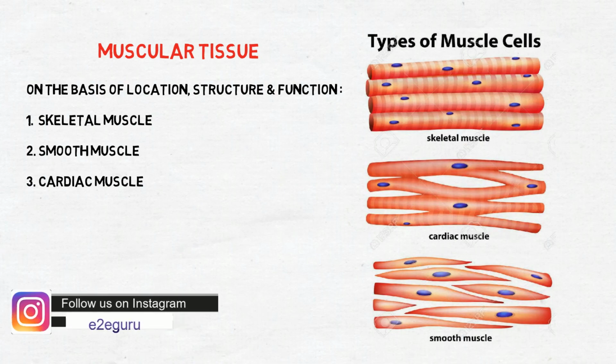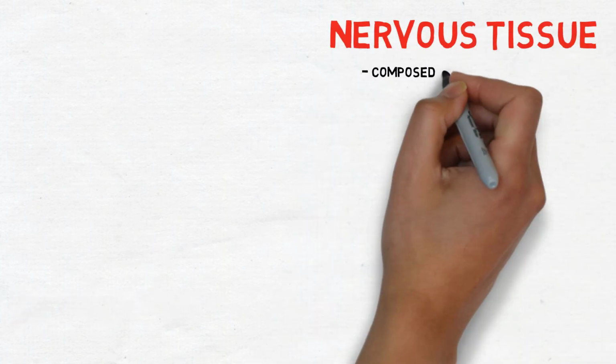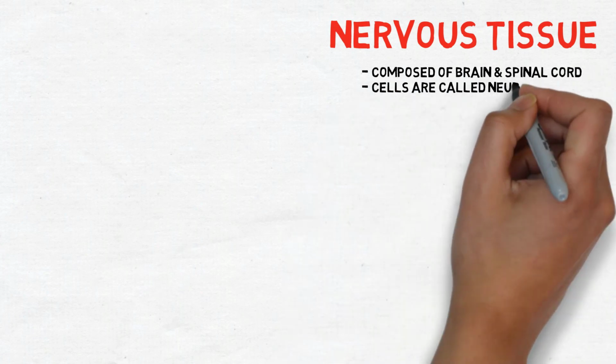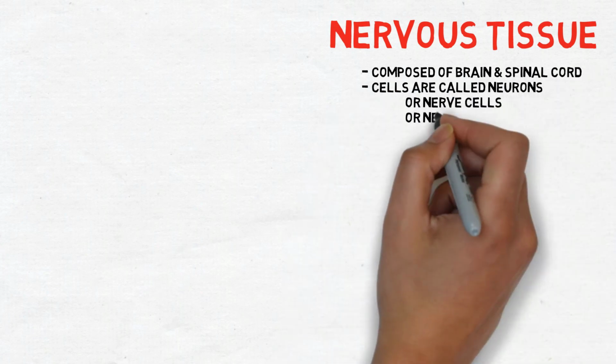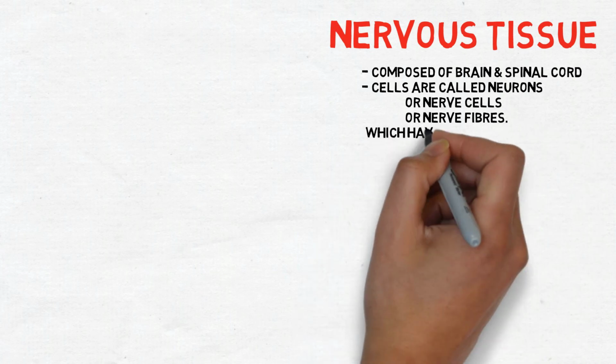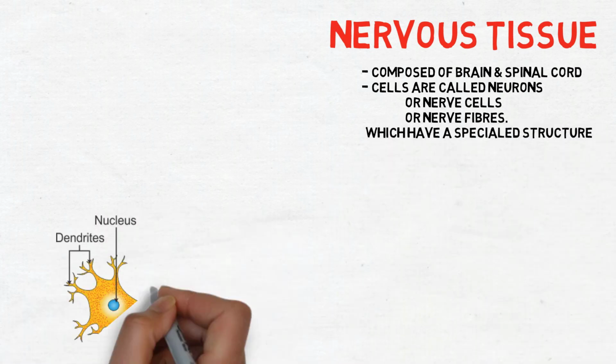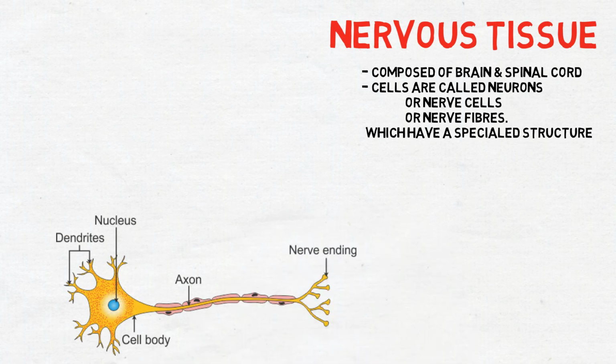The last type of animal tissue is the nervous tissue, which is composed of brain and spinal cord. The cells of nervous tissue are called neurons or nerve cells or nerve fibers, which have a specialized structure. The nerve cell is made up of cell body, axon, and axon terminal. The cell body has branched processes called dendrites.